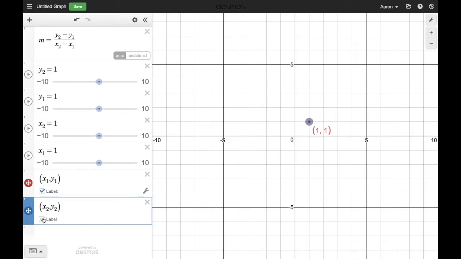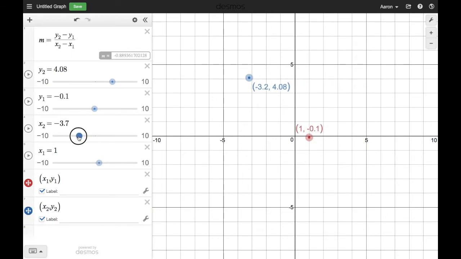Show me that label. There it is. Now, if we animate this a little bit, you can just change the values to whatever you want. You can see things go a little differently. And the slope gets calculated right here. M is equal to negative 0.78666, and there it is.